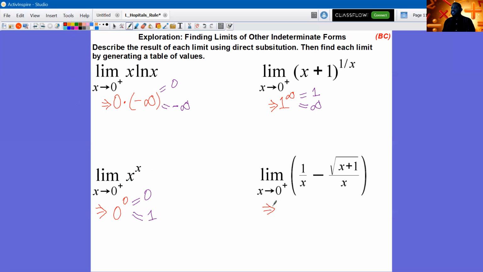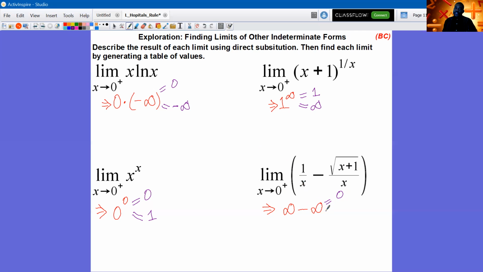And finally, we come to this expression, 1 over x minus square root of x plus 1 over x. Well, if I plug in 0, I get infinity minus infinity because you get a number over 0. Well, the way we've been taught, if I'm subtracting the same thing, could it be 0?